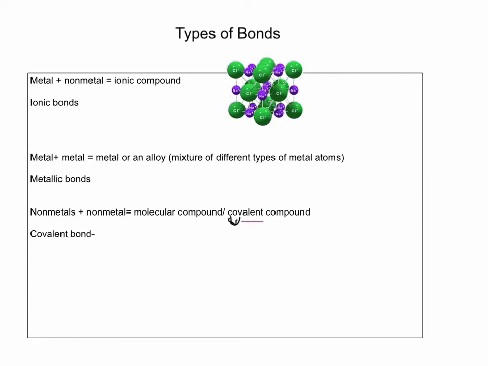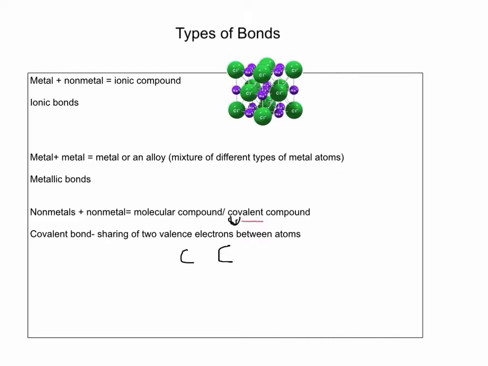A covalent bond is the sharing of two valence electrons between atoms. And this is what holds a nonmetal or molecular compound together. So let's look at an example. If I have two carbon atoms, they are both nonmetals.